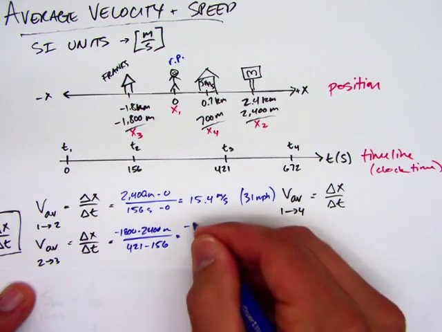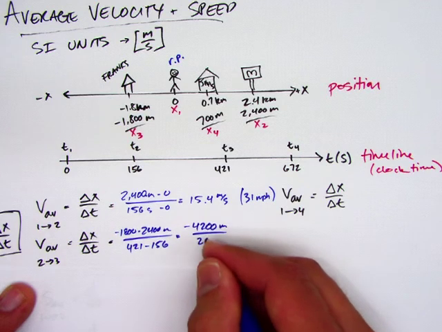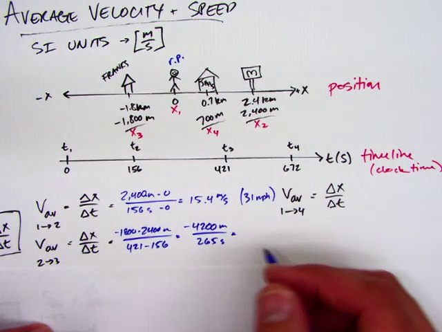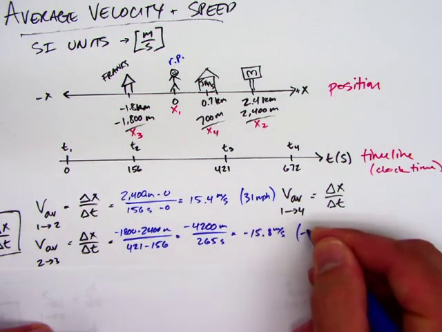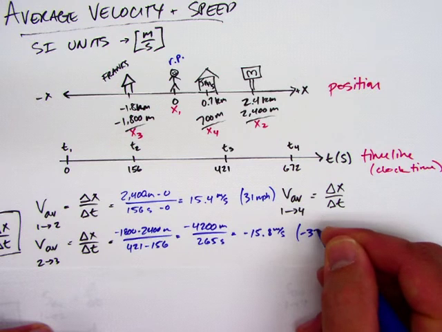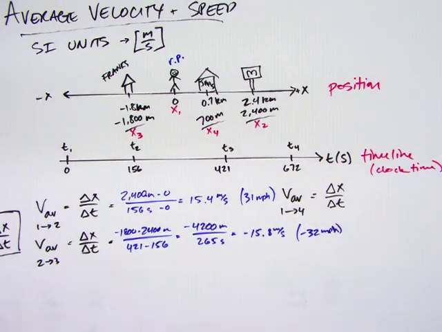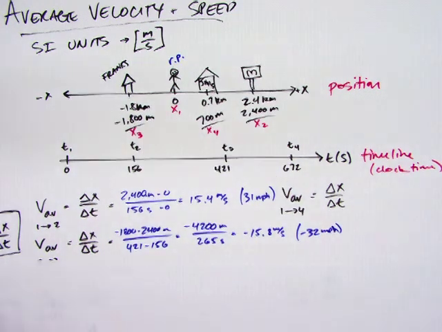So I've got negative 4200 meters over 265 seconds, which gives me a negative 15.8 meters per second, or about negative 32 miles per hour. Notice negative velocity. Negative velocity means I'm going back towards the origin or away from the origin in the negative direction, which is from here to here. You can see that from the map. That's what I'm doing.